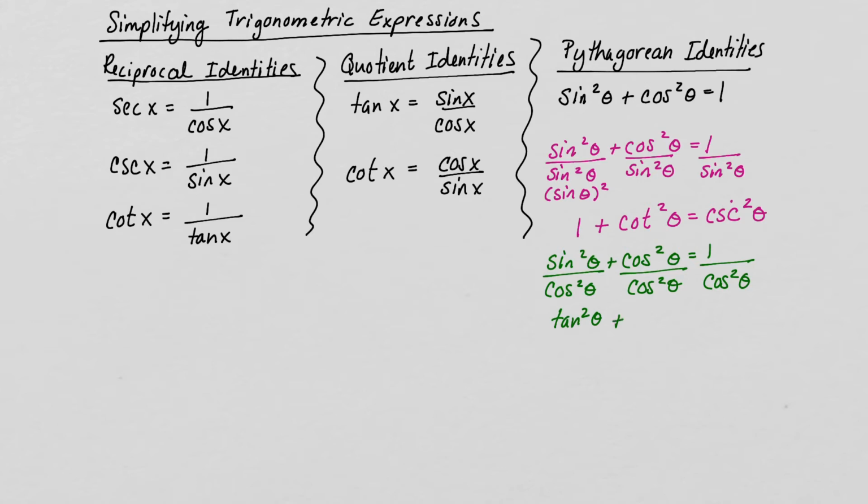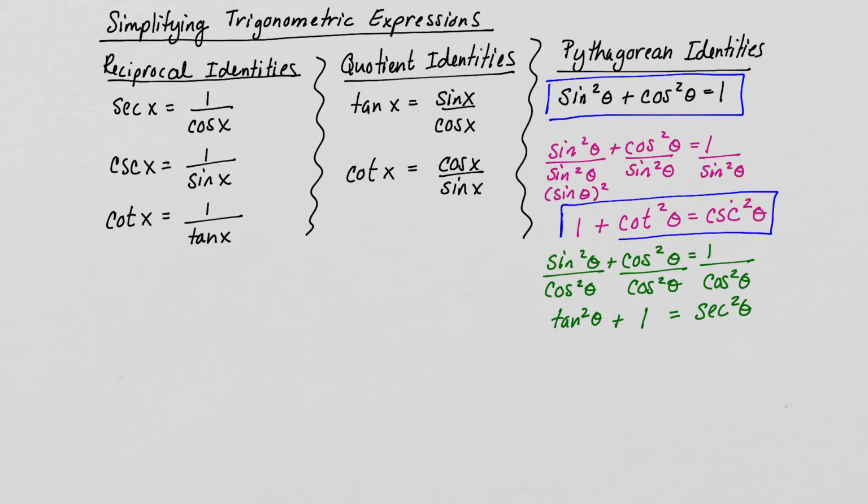And cosine squared theta over cosine squared theta is 1, and 1 over cosine squared theta is secant squared theta. So you end up with this basic one, sine squared plus cosine squared equals 1. This one, 1 plus cotangent squared theta equals cosecant squared theta, and tangent squared theta plus 1 equals secant squared theta. And those are the 3 Pythagorean identities.